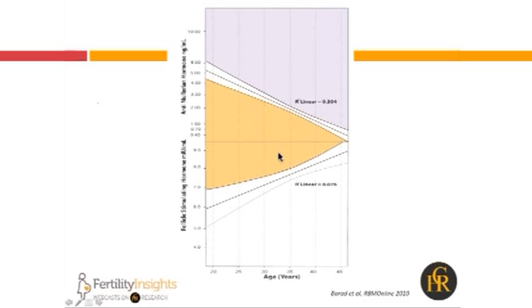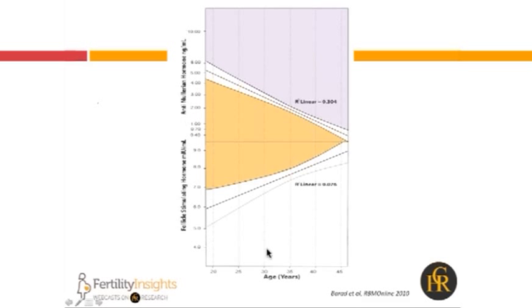I'm spending so much time on this because I want to explain that based on these normal levels, one can define every patient in a study as either being normal if she is in the normal range for both FSH and AMH for her age, or she can be in AMH either higher or lower than normal, and she obviously can be in FSH either higher or lower than normal.